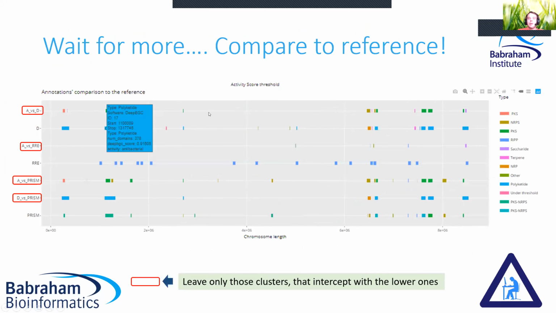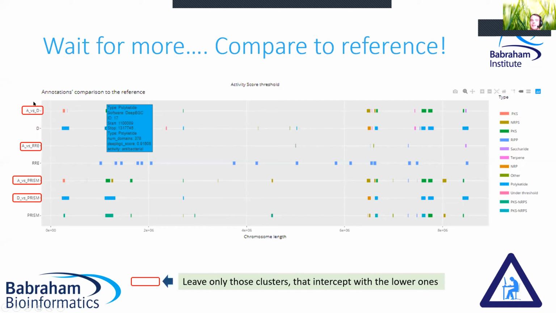But not only the DBGC data can be compared. Actually, as input we also use PRISM data, which is another tool for annotating gene clusters, and RRE Finder data, which is for annotation of peptides. And here we are plotting the intersection of data annotated by these tools using the threshold with the sliders with the reference.